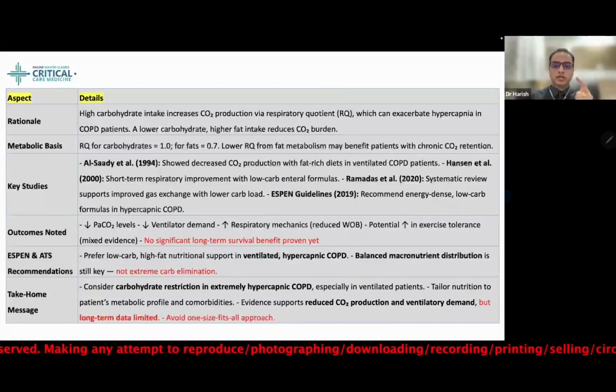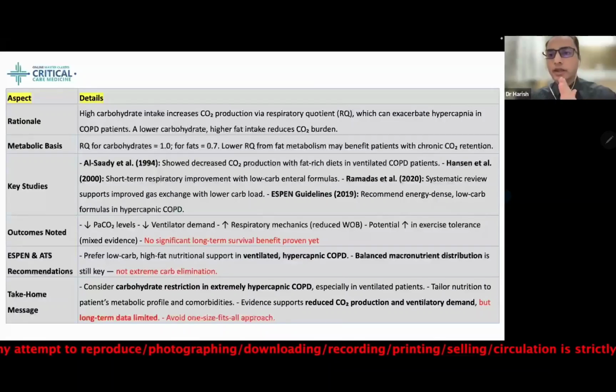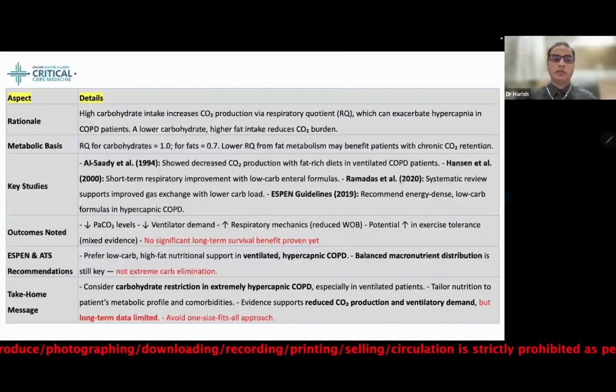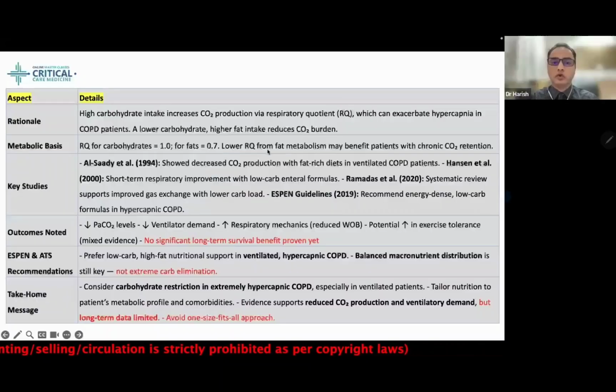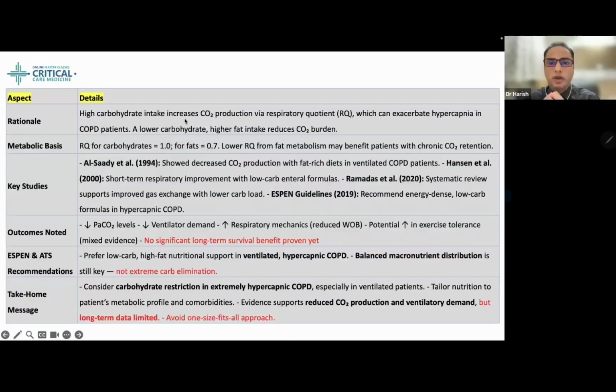Restriction is needed on a one-to-one basis, not as a general approach. Why? The respiratory quotient of carbohydrate is 1, for fat it is 0.7. A lower respiratory quotient from fat helps in reducing carbon dioxide production. High carbohydrate intake increases CO2 production via a high respiratory quotient, which can exacerbate hypercapnia in a COPD patient. So that is the rationale.